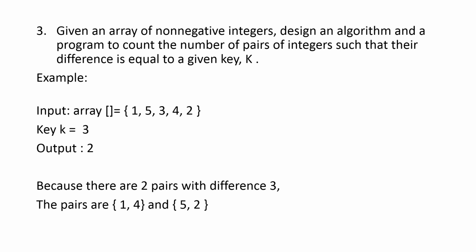So the output will be 2, because you have to print the number of pairs of integers such that their difference is equal to the given key, that is 2. So the output is 2. So what will be the approach here? What should be the approach here? Can you think that?